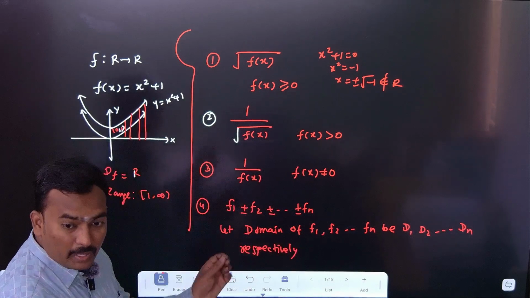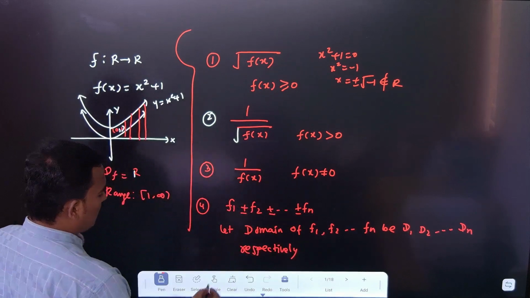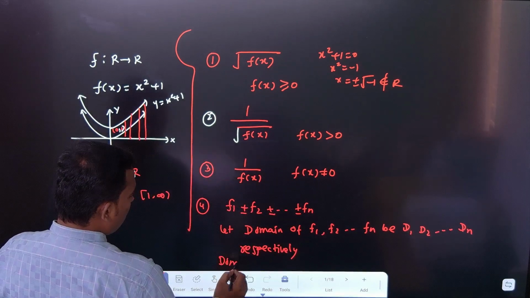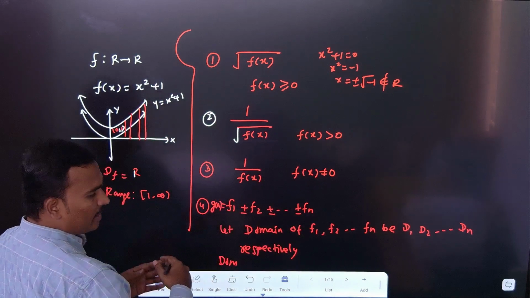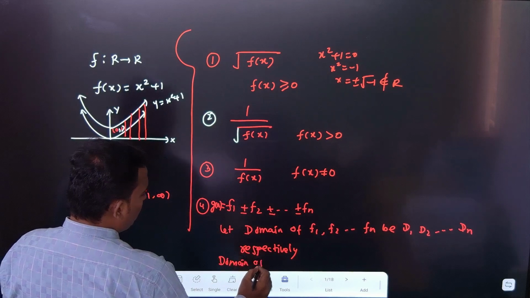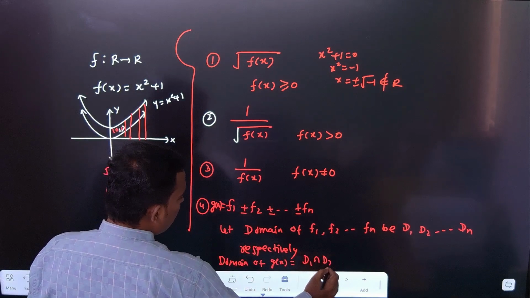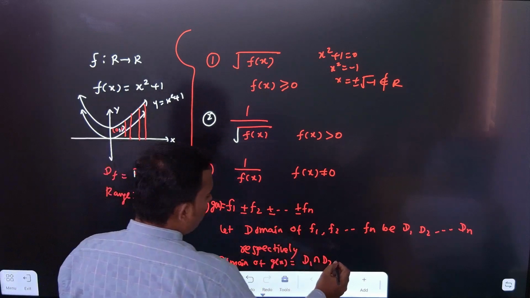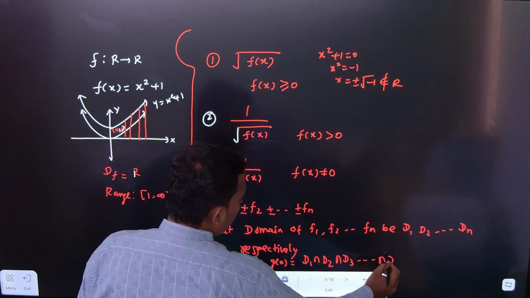Then what is the domain of the resultant? Suppose this is g of x, by addition or subtraction or whatever it is. The domain of g of x will be the intersection of all these corresponding domains, d1, d2, and so on up to dn.